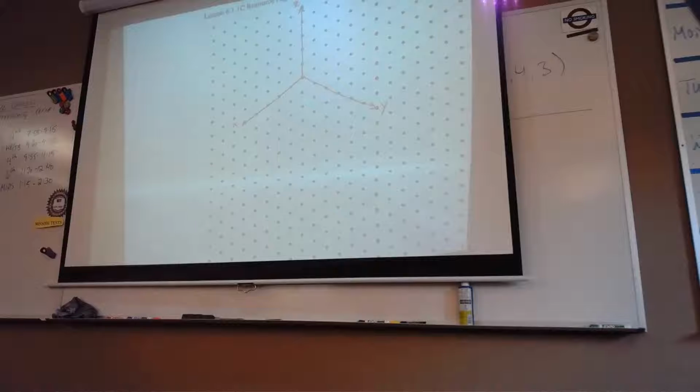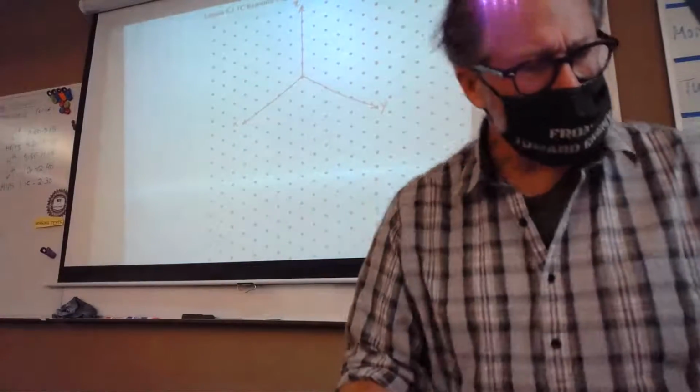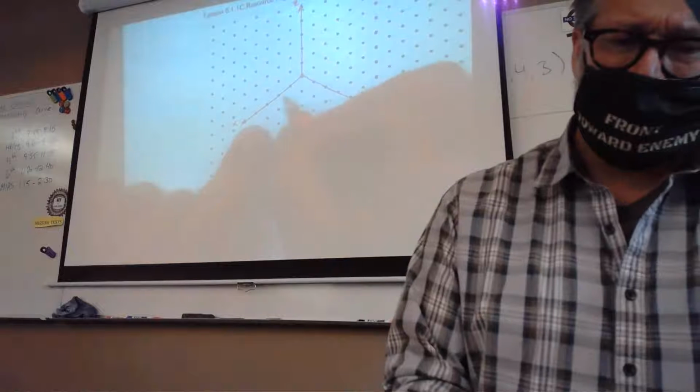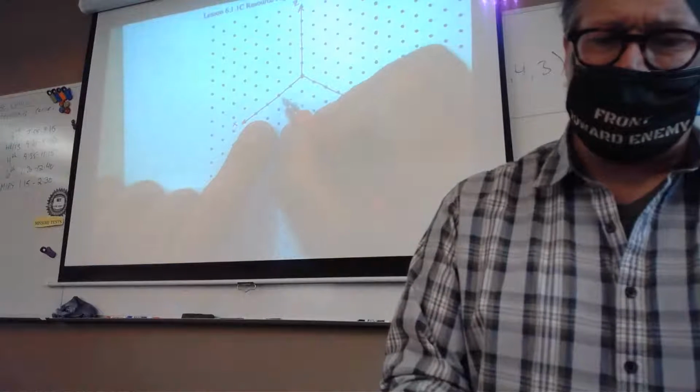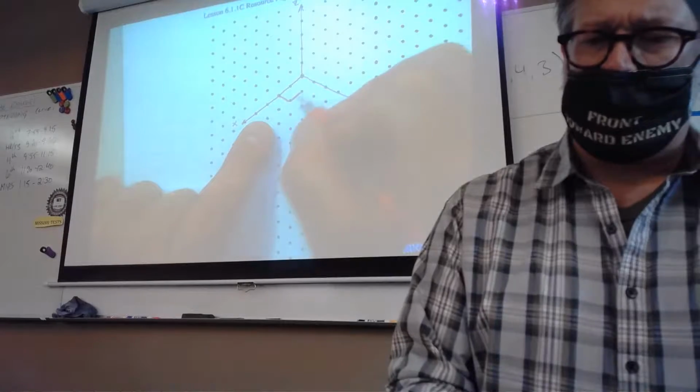All right, I see lots and lots of good drawings. So here's the way I look at this. If I look at my shape, I see that there's an edge of a block, the bottom of a block right here and right here and right here, agreed?